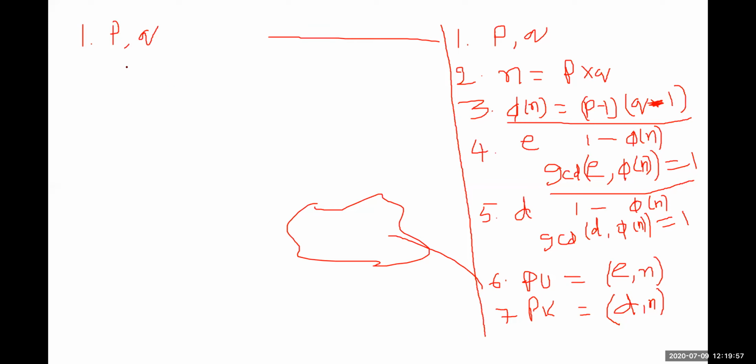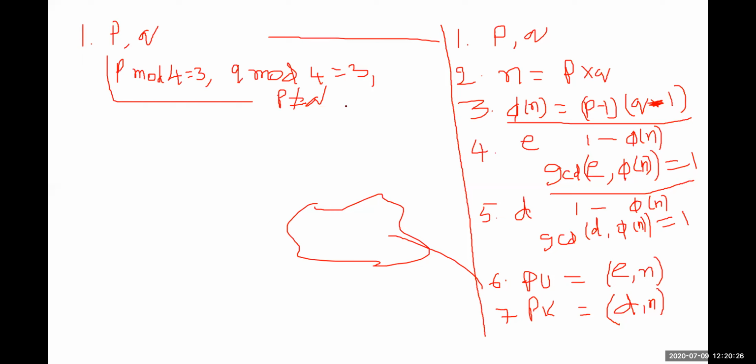P modulus 4 must be equal to 3, and Q modulus 4 must be equal to 3. And then P must not be equal to Q. By following these restrictions, you have to select P and Q.